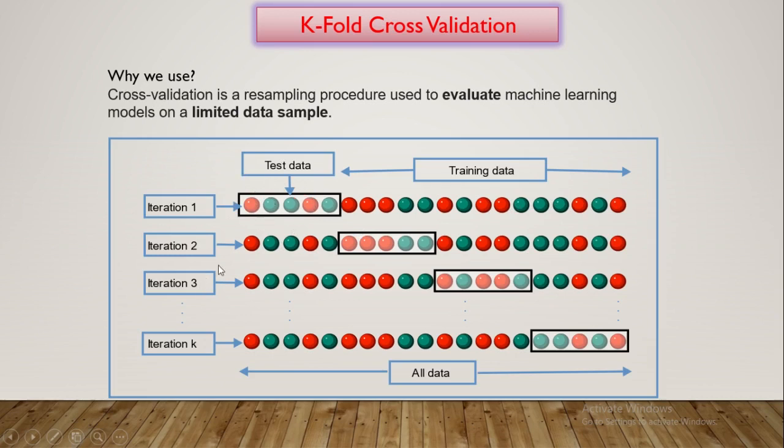And then for another group, we again take some training data, and the remaining is test data, and evaluate our model on that particular ordering of data, and then discard the model. Then again we take the training set in some other order, and evaluate our model on the test data. So we take k groups and evaluate on these k datasets.